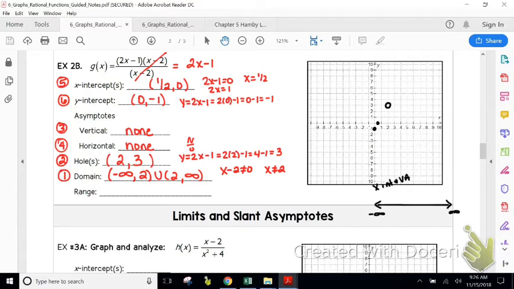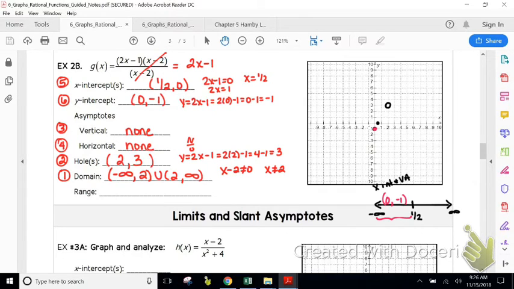We don't have any vertical asymptotes, but I do have an x-intercept at 1/2. So I need to pick a number in this interval. 0. And we already did that, and it gave us -1, right? Why do we do 0? Because it's between negative infinity and 1/2, and we've already done it.